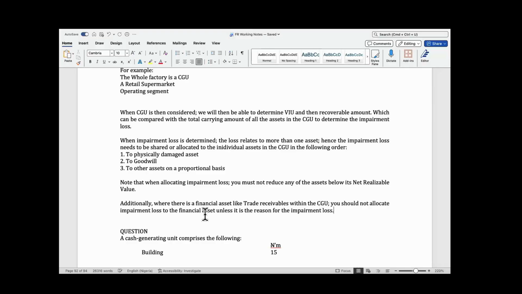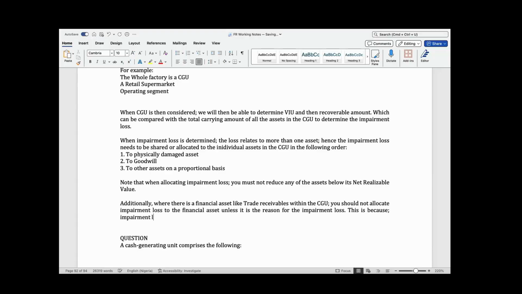Otherwise, it assumes that it is not impaired. This is because impairment loss on financial assets is calculated using the principles in IFRS 9 on financial instruments.